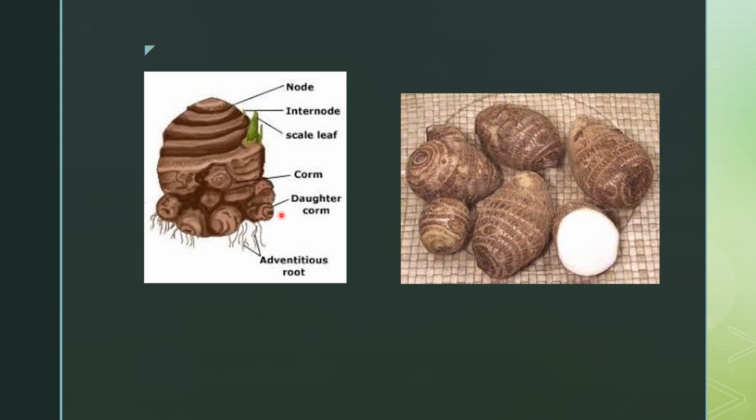These are the daughter corms. So you can cut any part of this daughter corm and plant it to give a new plant, because it has adventitious roots and has nodes and internodes, and also it has storage food inside, so it can give a new plant.